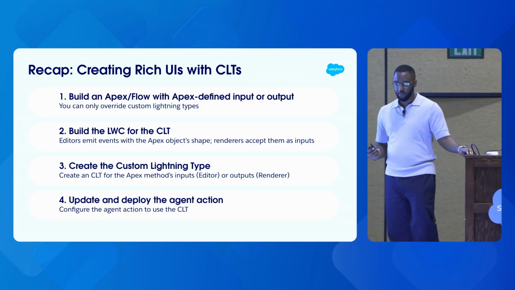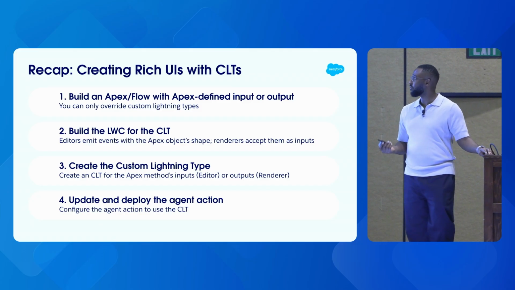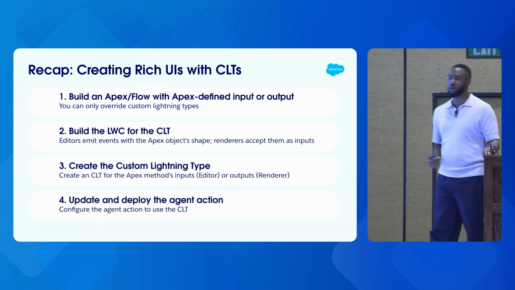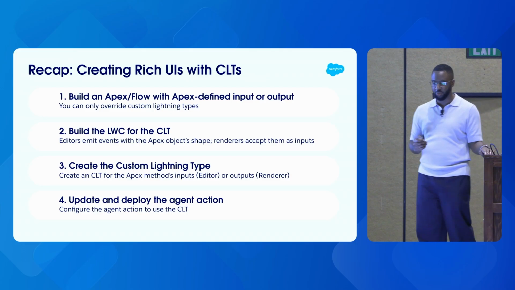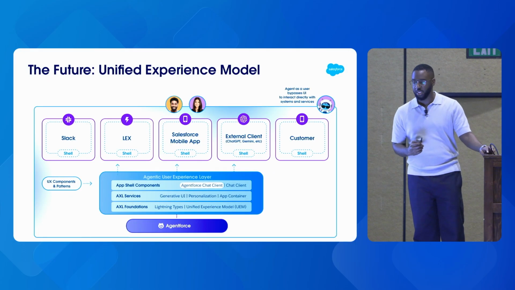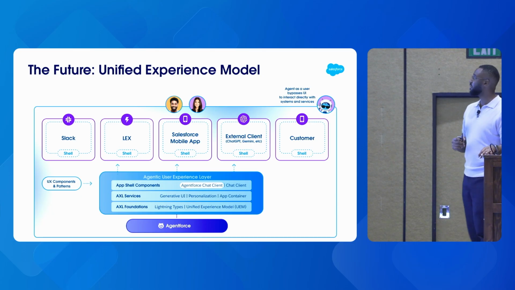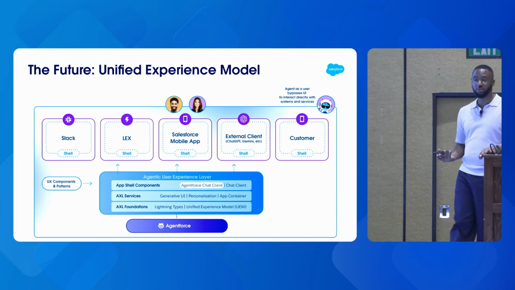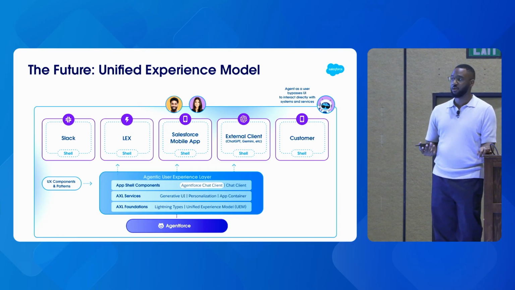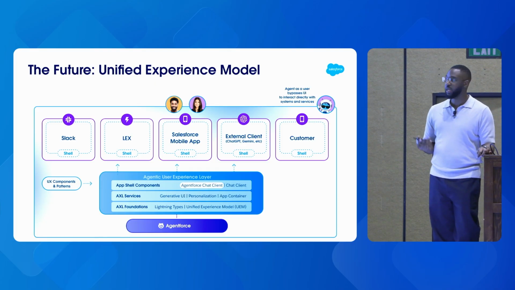Now, this is pretty new, but custom Lightning types are going to be used more and more, and during the keynote, you'll hear a little bit about it, because the future of the platform is Agentforce everywhere. And in order to support that, we're going to need some way to deploy Agentforce rich UIs across all of these different surfaces.